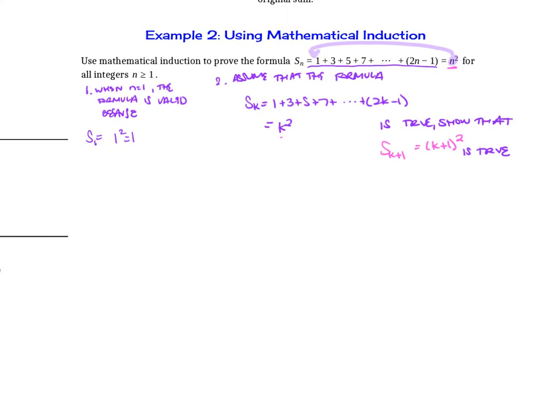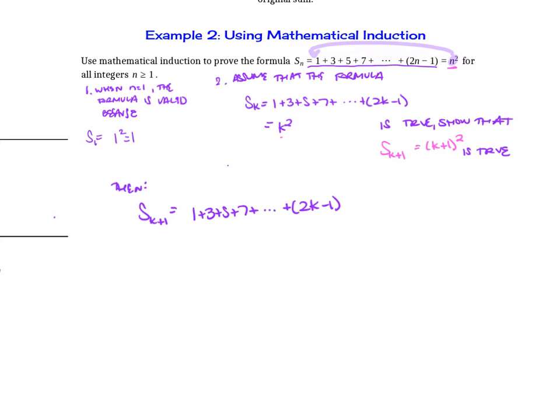So here is how we do that. In order to get s of k plus 1, first we write this here: 1 plus 3 plus 5 plus 7 plus dot, dot, dot, plus 2k minus 1.